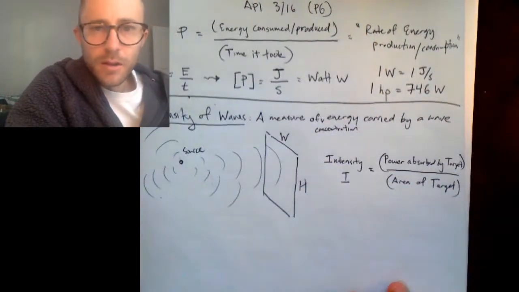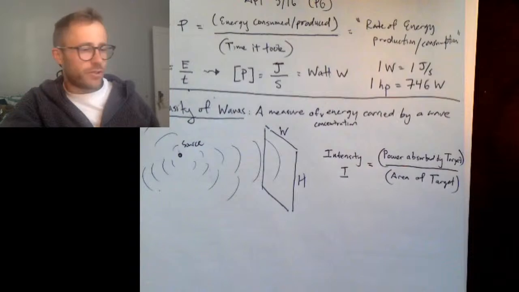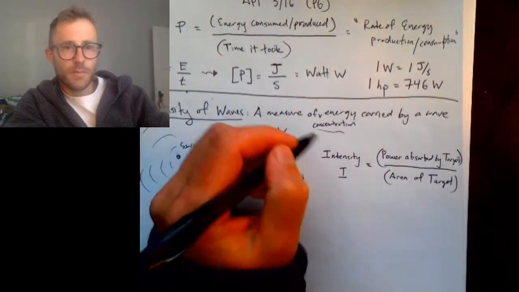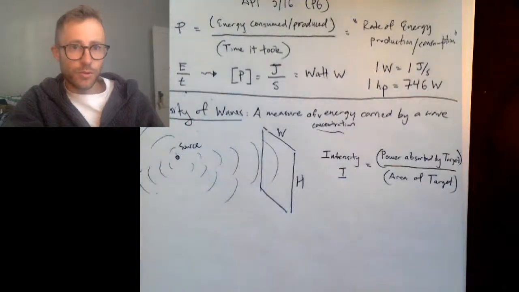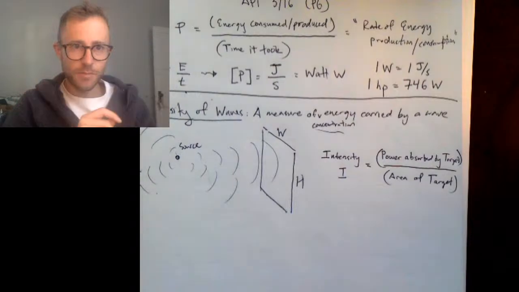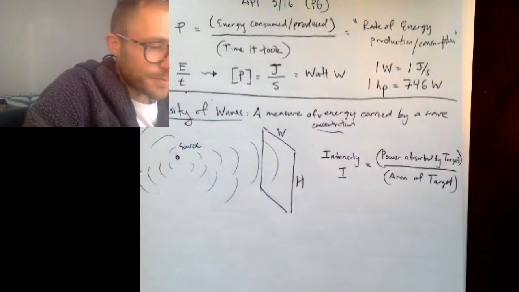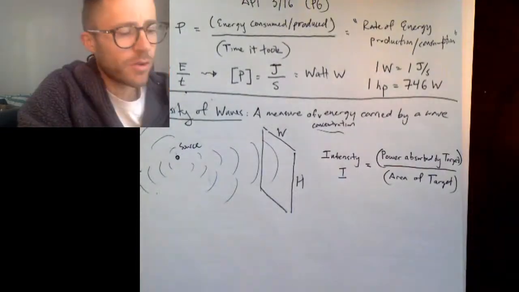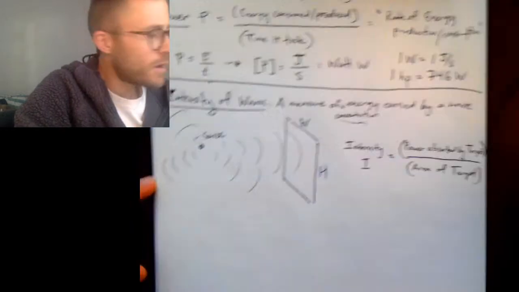See how it's per area. That's why I say it's like a concentration. If you have the same power absorbed by a smaller area, then that energy is more concentrated into a smaller space. So the smaller the area is for a given power, the higher the intensity.